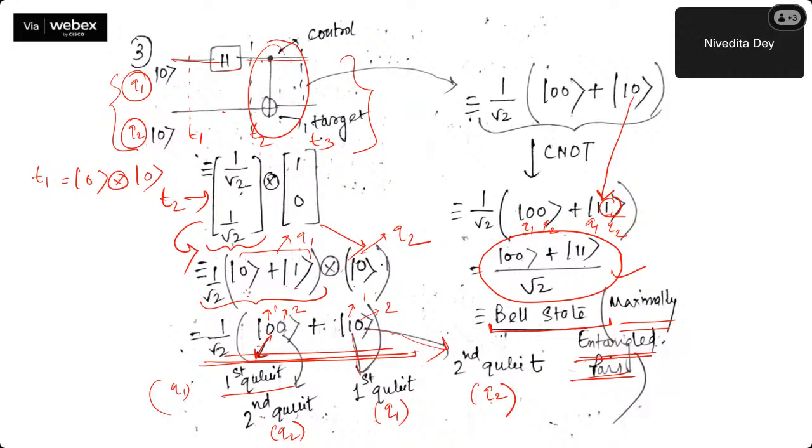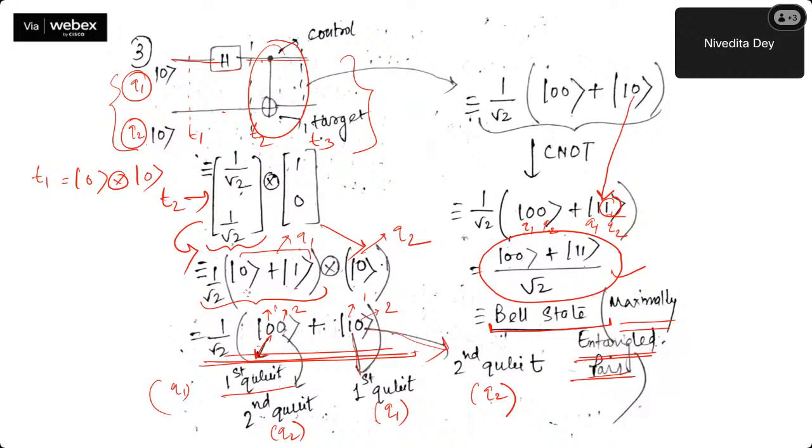So let us consider that at time instance t1, what is the state of the qubits q1 and q2? Similarly, at t2, and at t3, what is the quantum state of both the qubits at time t3.